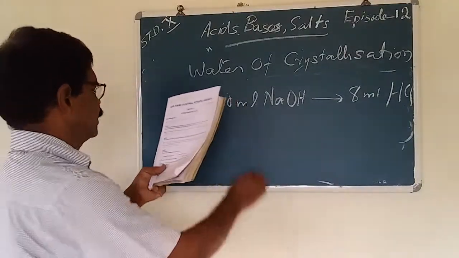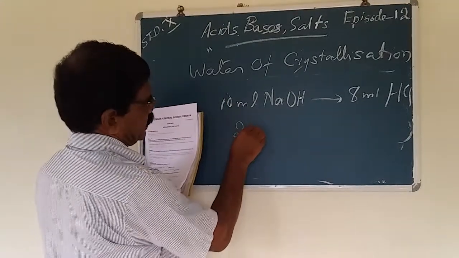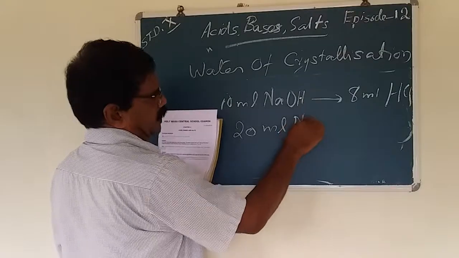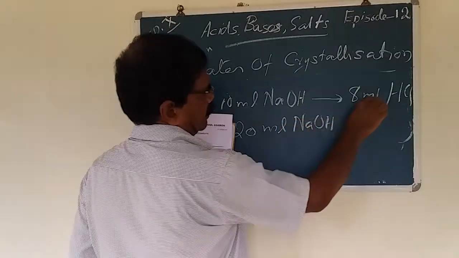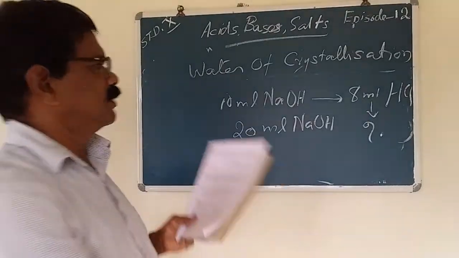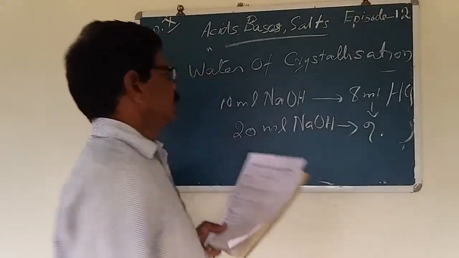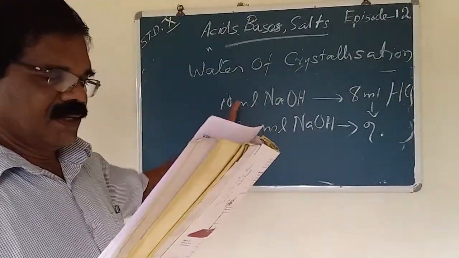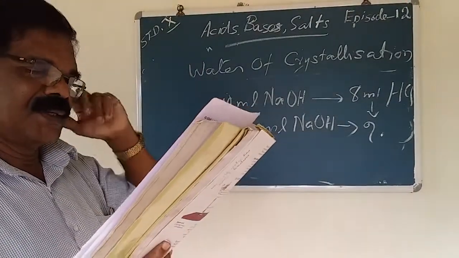Then what is the question? If 20 ml of NaOH is taken, how many ml of HCl is required? We can simply answer it.